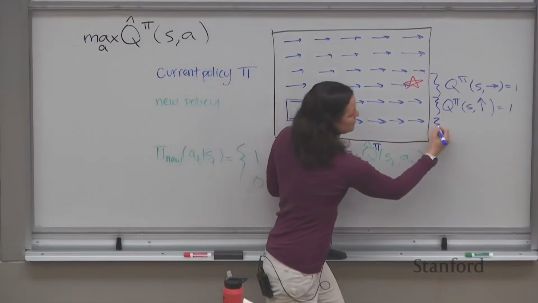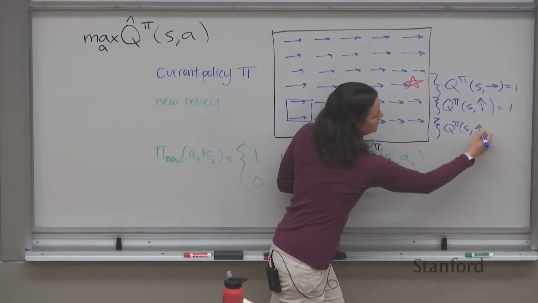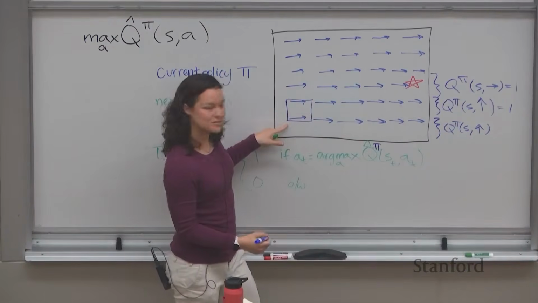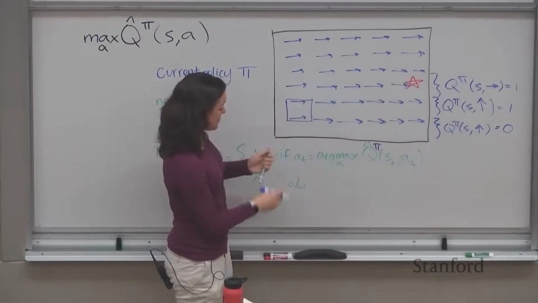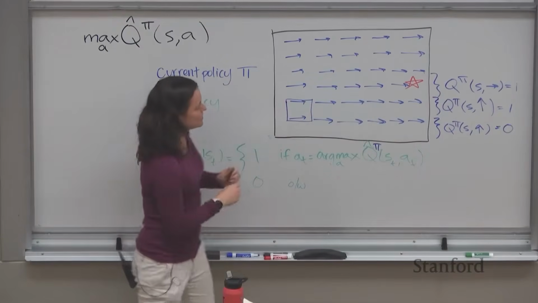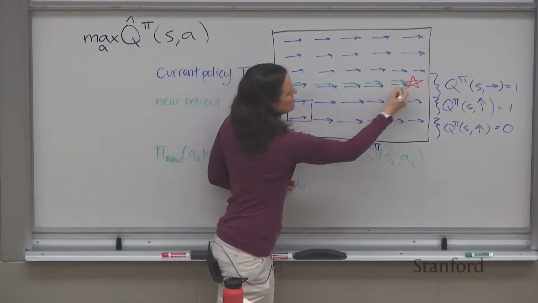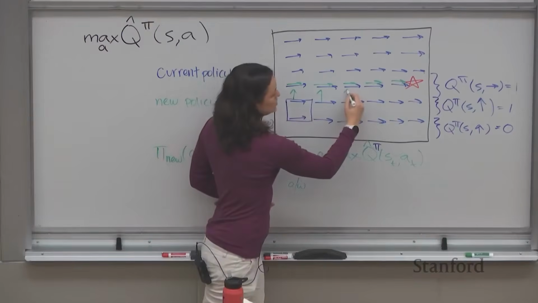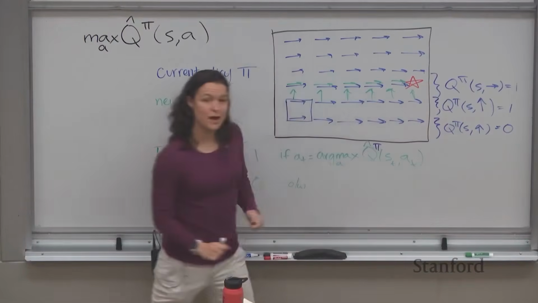And then lastly, if we go to this row and go up, what is the q value? 0. Cool. And so what this means is that we're going to get the new policy. It's going to be going right here, and then for everything in this row, it will be going up because it's choosing the action that has the maximum value of q pi.